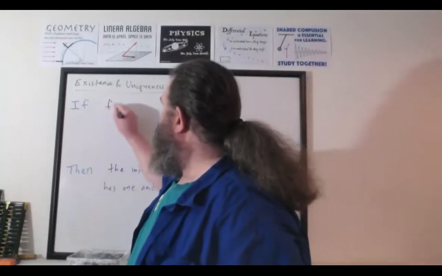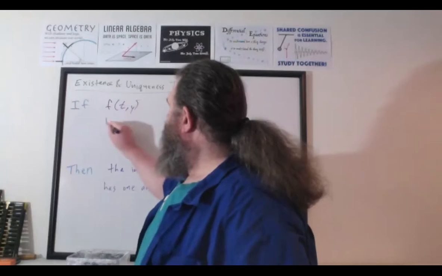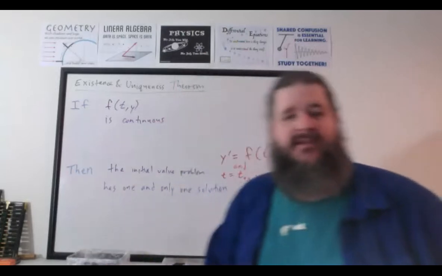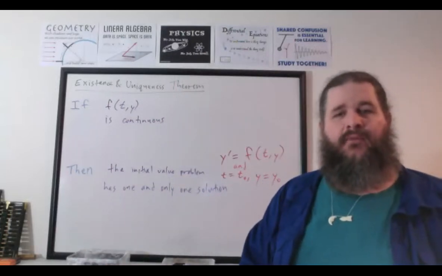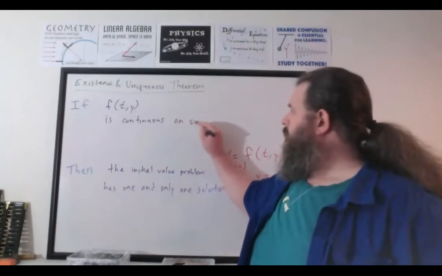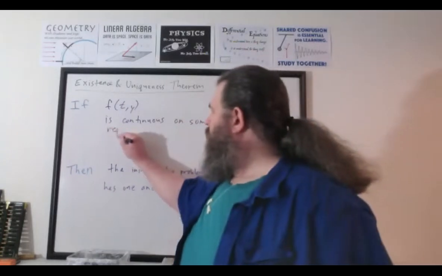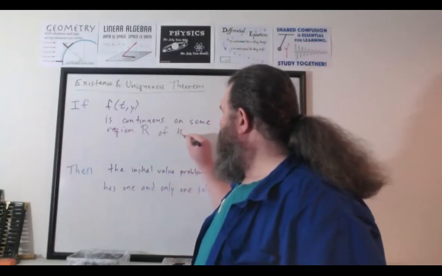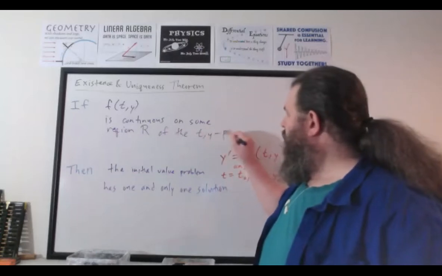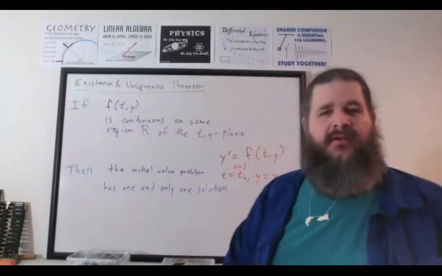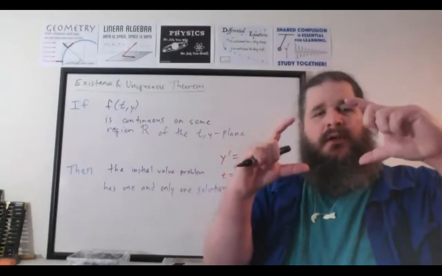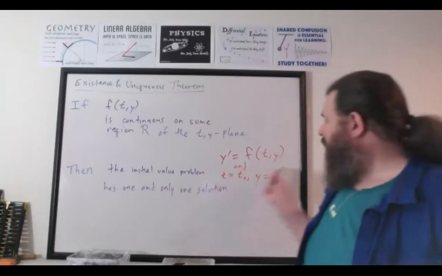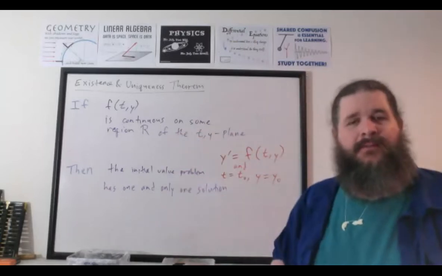If the function f of t, y is continuous, and it doesn't have to necessarily be continuous everywhere, it just has to be continuous on some region, let's say some region R of the ty plane. So maybe it's not continuous everywhere, but we can narrow it down to a certain region where everywhere on that region it is continuous. And of course, in order to be meaningful for this problem, that region would have to include what point?